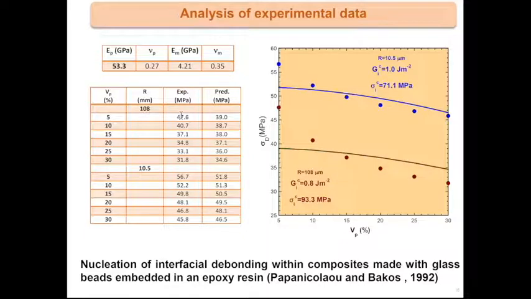The agreement is not perfect, but in fact, it's quite difficult experimentally to determine the stress at debonding, and this is probably the reason for the less good agreement in this case.